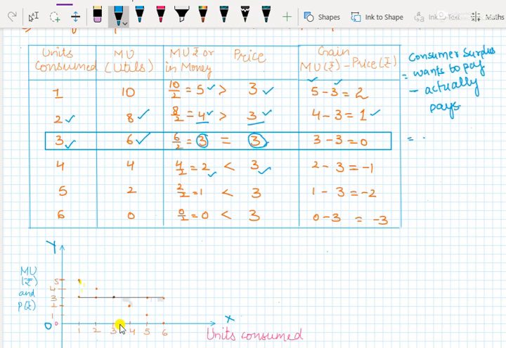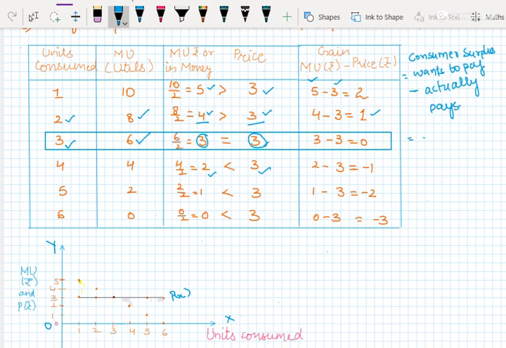Here this is the marginal utility of money and price. This is the assumption that the price is fixed. For each unit the price is fixed, that is rupees 3. This is the price of the commodity. Now the first unit the consumer equates to rupees 5, the second unit to rupees 4, and the third to rupees 3.